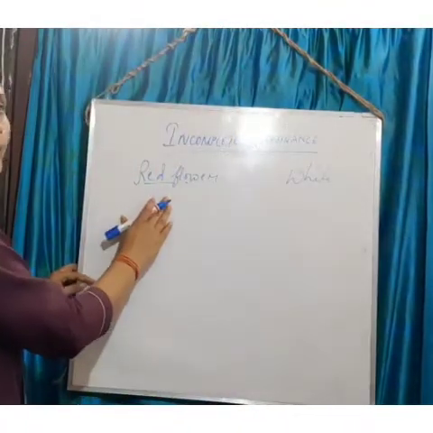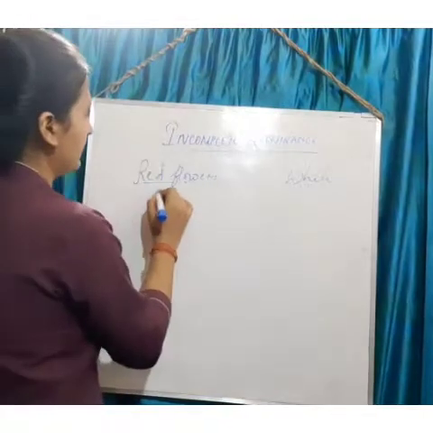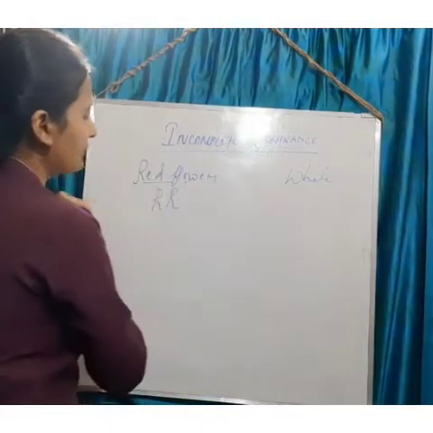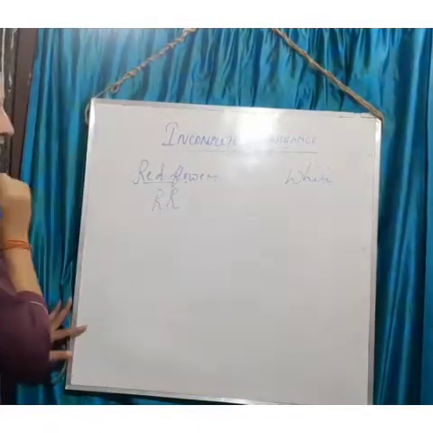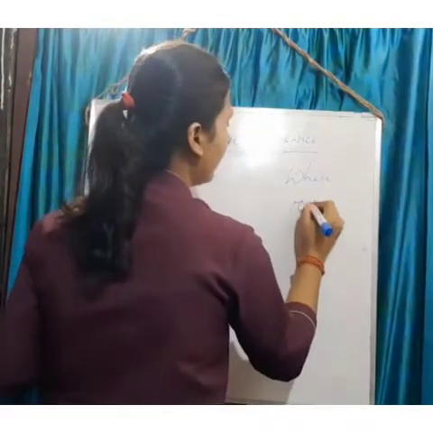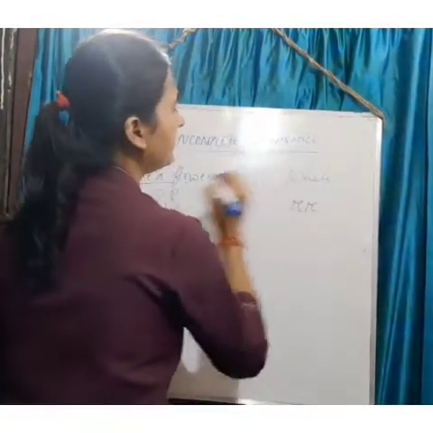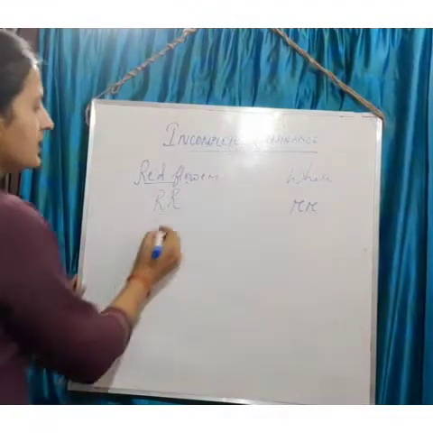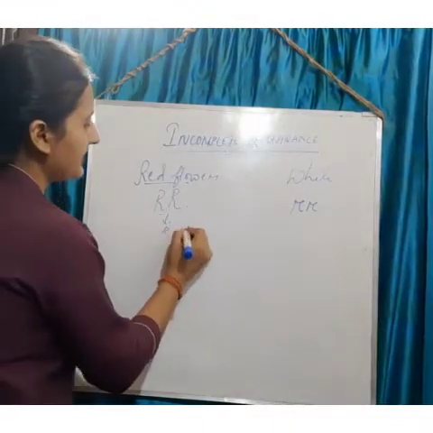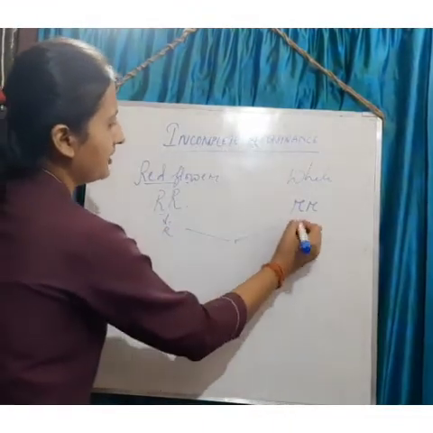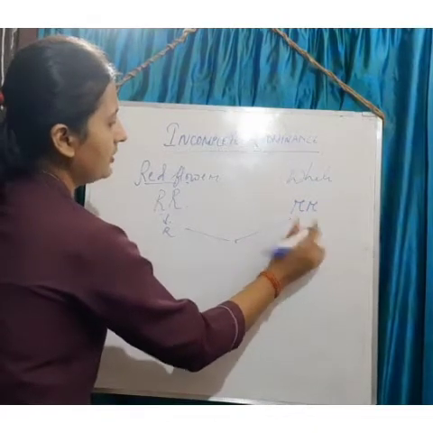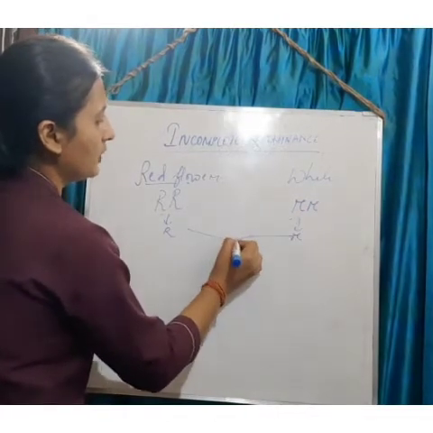The red was dominant, so it is expressed with the allele capital R, and on the other hand the white is expressed with the small letter r. So the gametes are capital R and lowercase r.